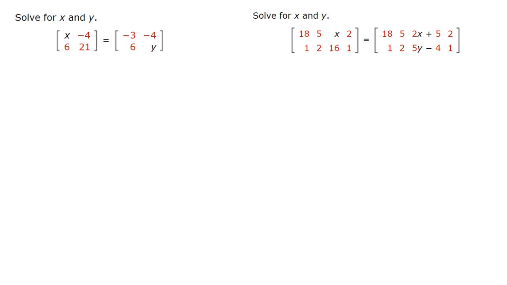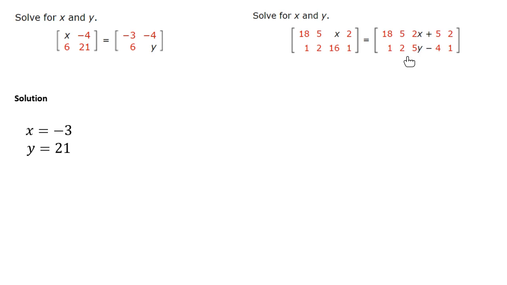So here, this x is unknown, but the x on this one, on row 1, column 1, is a -3. So that means that x has to be equal to a -3. Here, this y value, this row 2, column 2 value is a 21. So this y value has to be the same as this one for them to be equal. So y equals 21. Okay.